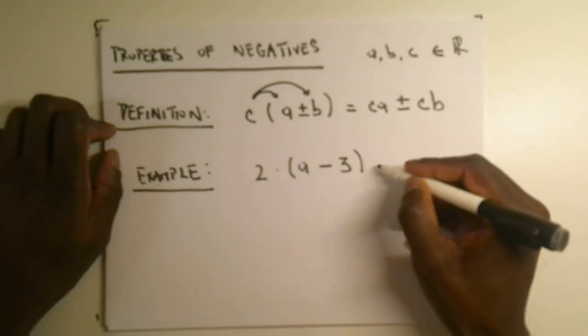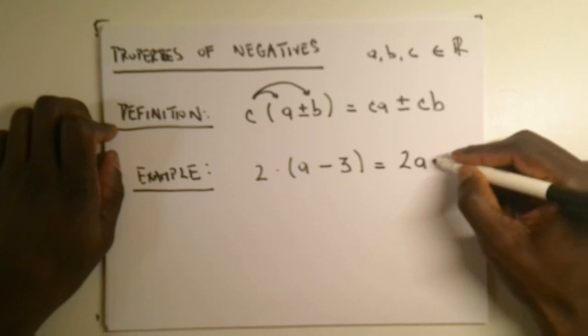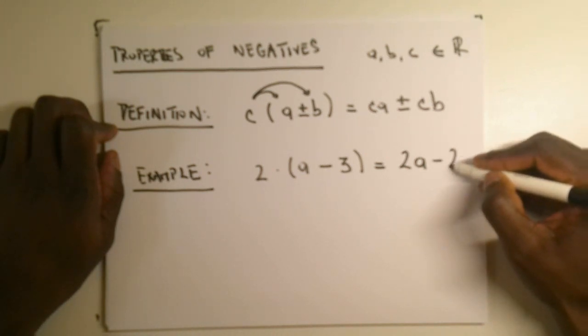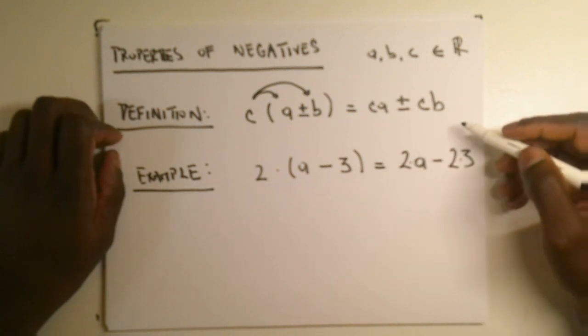So let's rewrite this as 2 times A minus 2 times 3. Good?